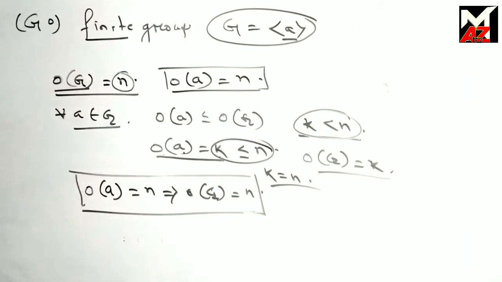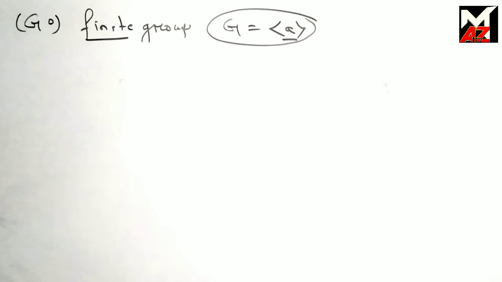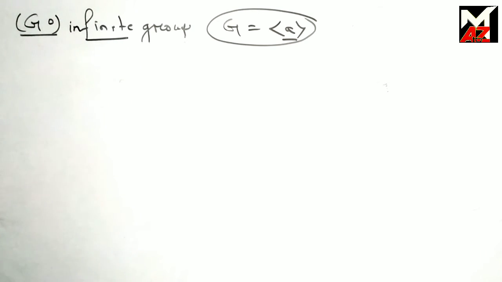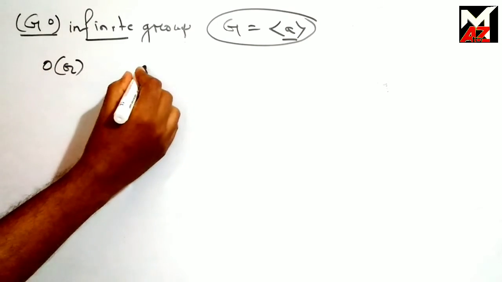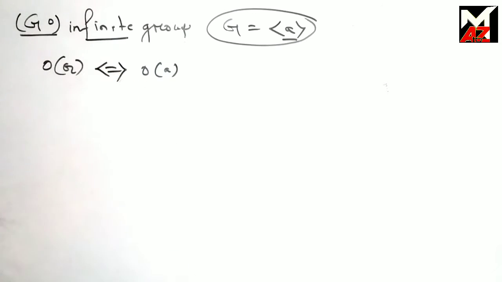And similarly, this theorem can also be stated for an infinite group. If G be an infinite group and G is generated by A, then the order of G and the order of A must be infinite.